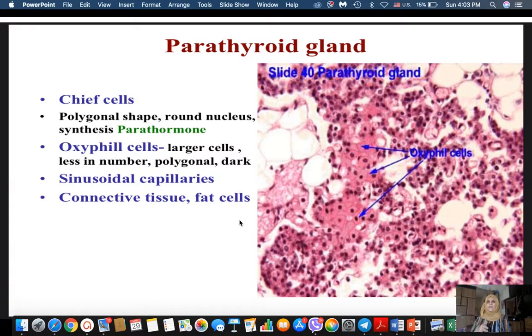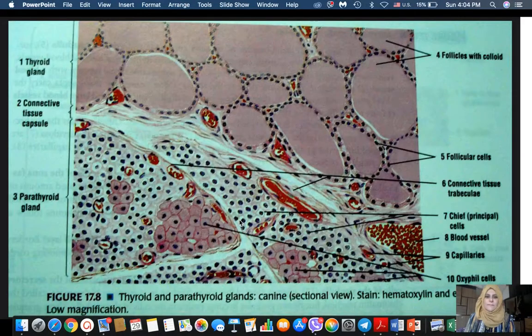The chief cells are the cells mainly distributed, موجودة, more in number. It is responsible for the secretion of the parathyroid hormone. Okay, so we have the chief cells and the oxyphil cells.